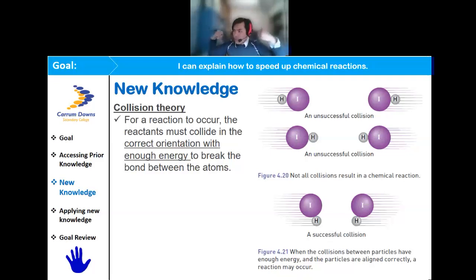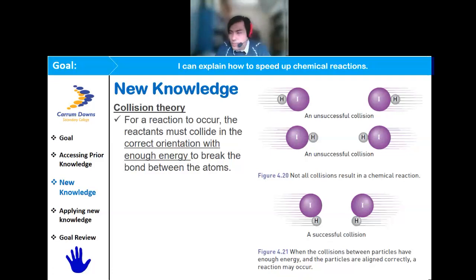It has to be a big collision to give them enough energy to break the bond. Remember, in chemical reactions the atoms' bonds break, and then they make new bonds to create new substances.